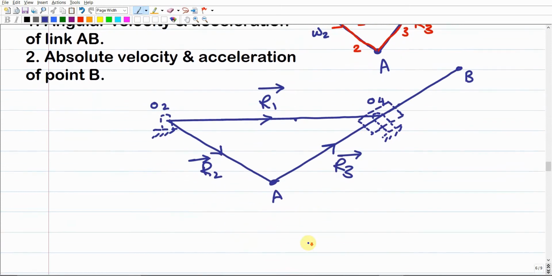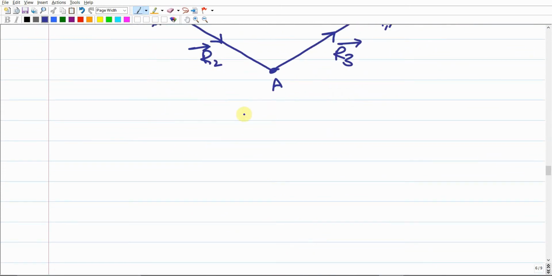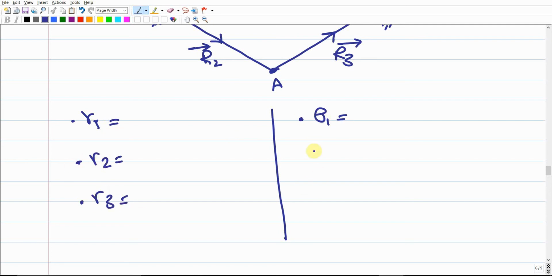Make sense? Then you have to investigate what is unknown and what is given for these position vectors. So we do have R1 as magnitude, and we do have theta1, and we do have R2, and we do have R3. In addition, we do have theta2 and theta3 for this mechanism.